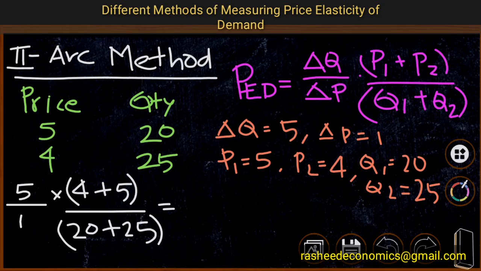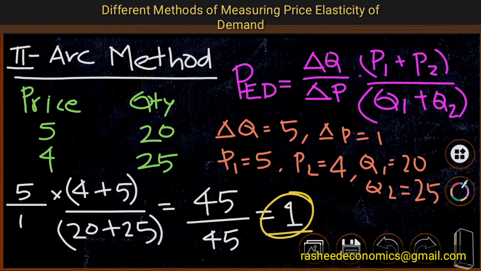This will give us 5 by 1 into 4 plus 5, that will give us 45 divided by 45, which will be equal to 1. Here the price elasticity of demand as per the arc method is equal to 1.